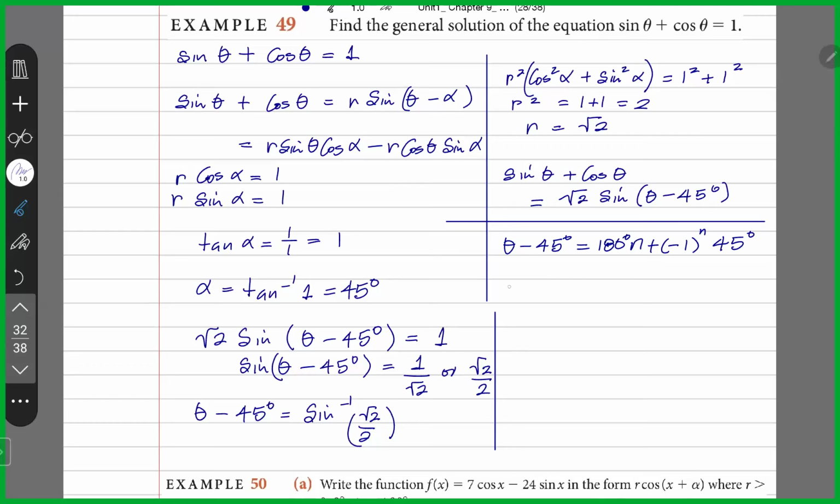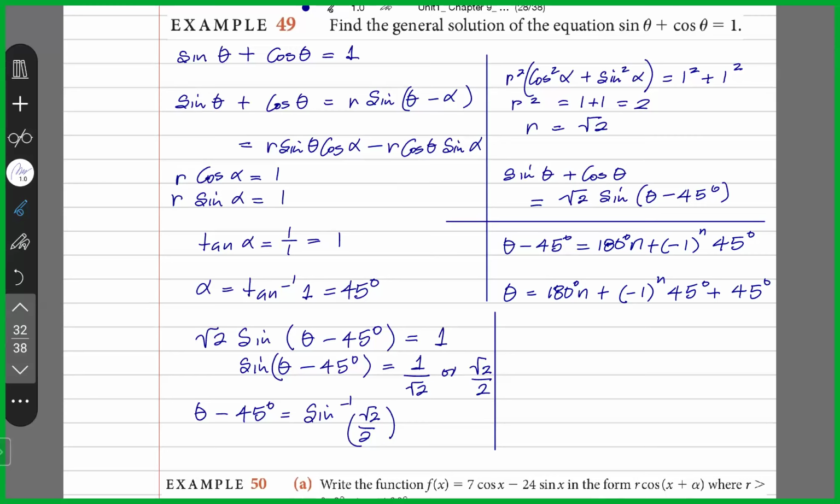Then I could say theta is equal to 180 n plus minus 1 to the n times 45 degrees plus 45 degrees. I guess if I wanted to, I could separate it into when n is odd and when n is even.